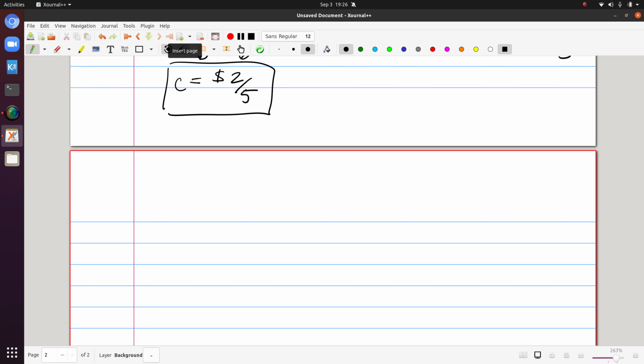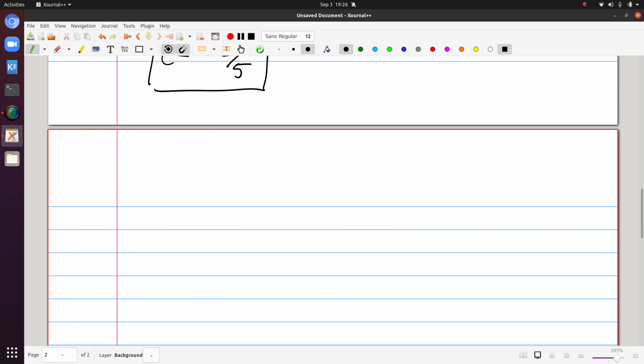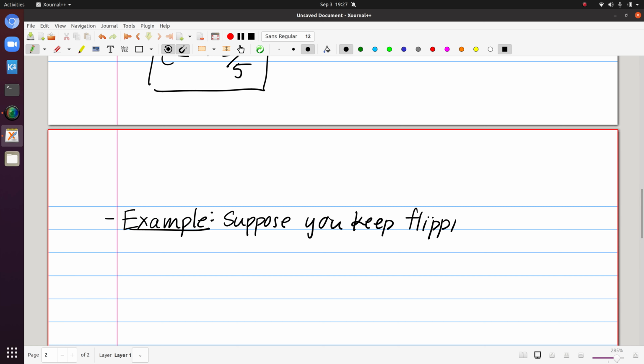So one last example, and I'll point out this is going to connect why we're covering probability in our Calc 2 course. Suppose that you keep flipping a pair of coins until you see the outcome HH, so both come up heads.